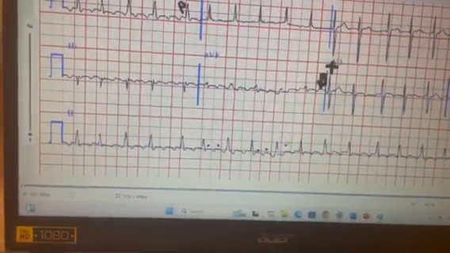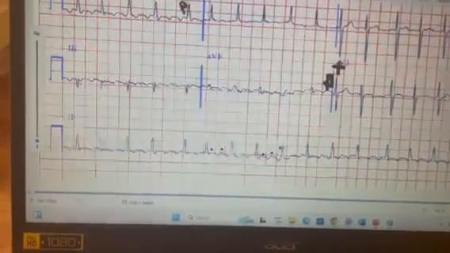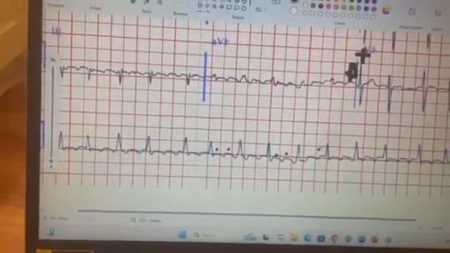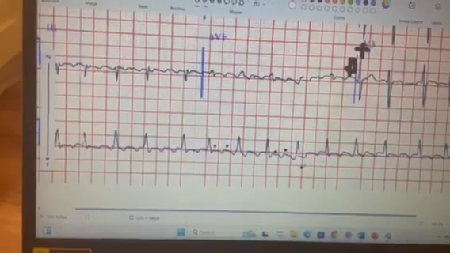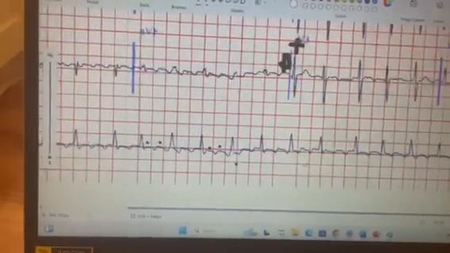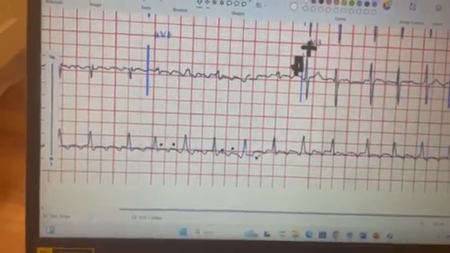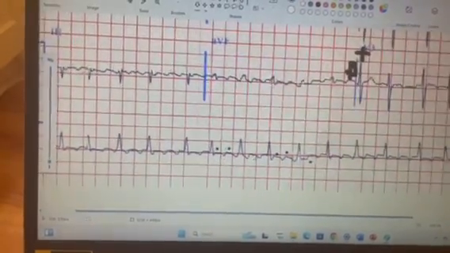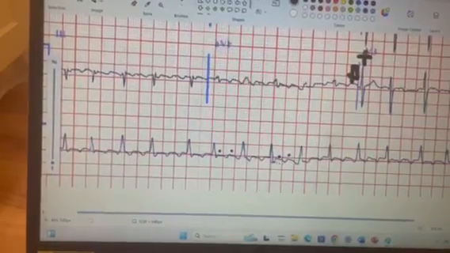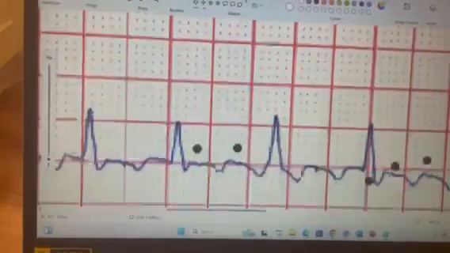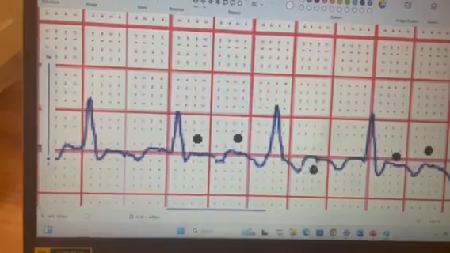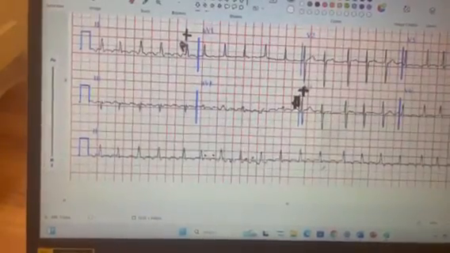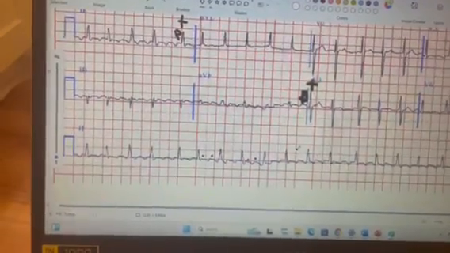So I would not do an atrial heart rate here because the P waves are abnormal. I guess you could if you really wanted to, but here there's almost like a third wave, and it would leave too much room for interpretation.